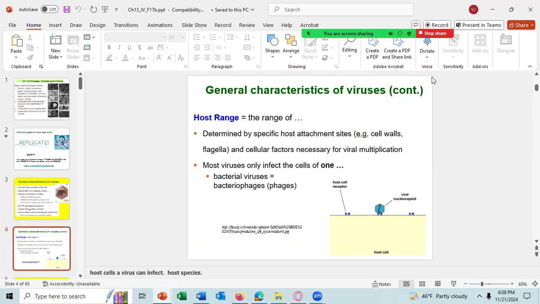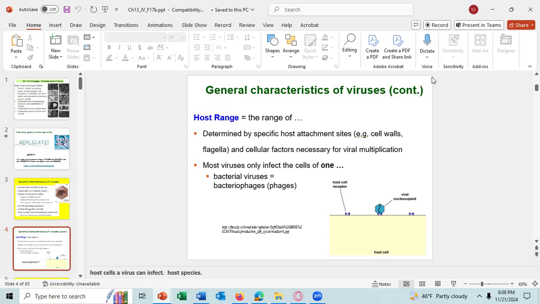The host range of a virus is the range of cells a virus can infect. The host range is determined by specific host attachment sites that we call receptors, and these receptors can be on the cell wall, the flagella, or cellular factors necessary for viral multiplication.